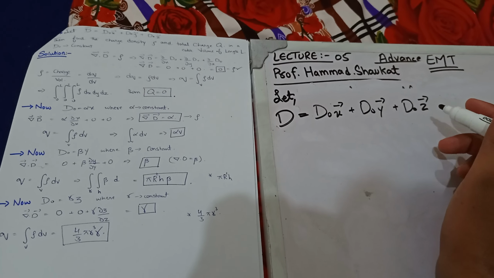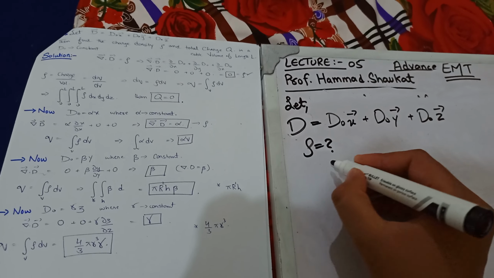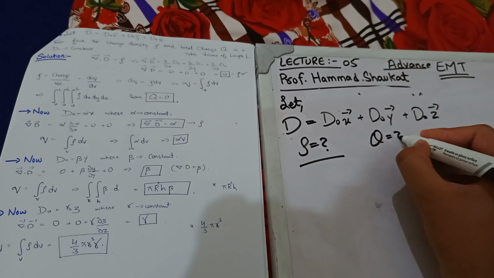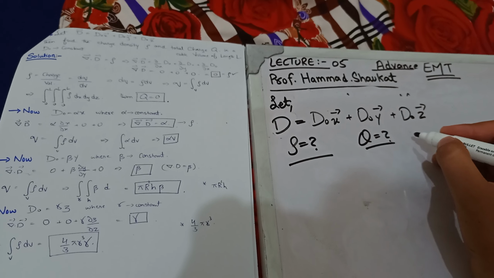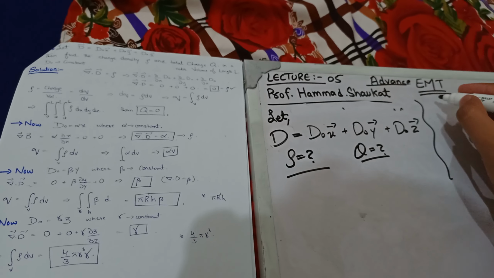Then find the charge density rho and the total charge q. These two quantities you have to find in a cubic volume of length L.